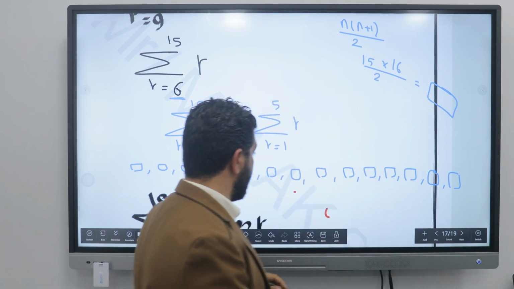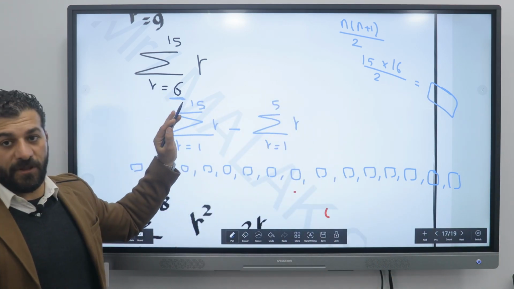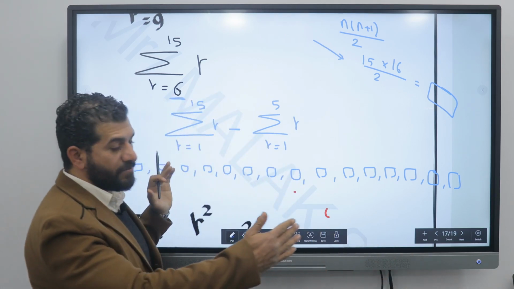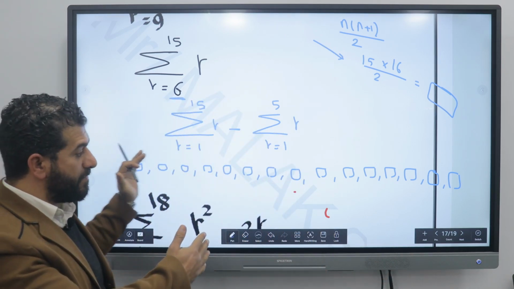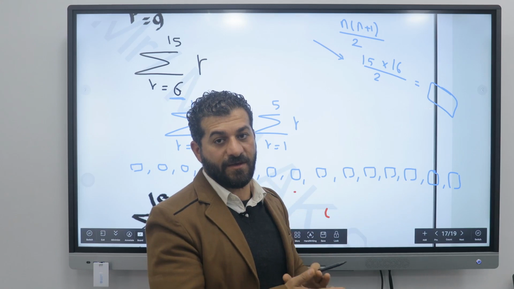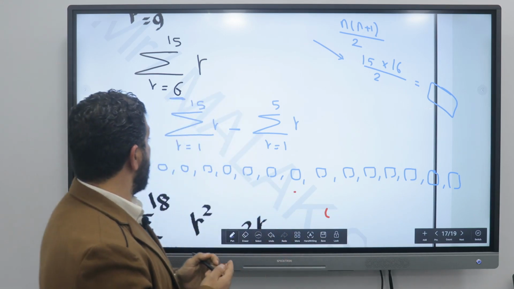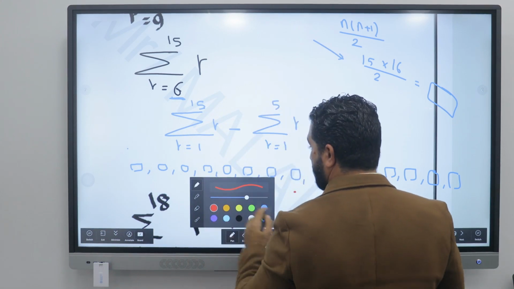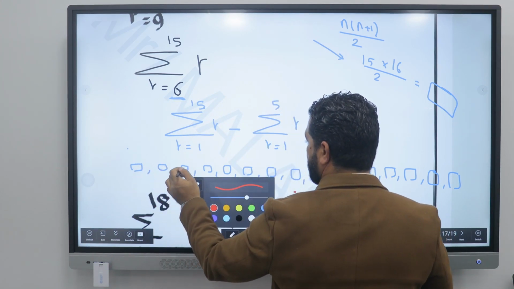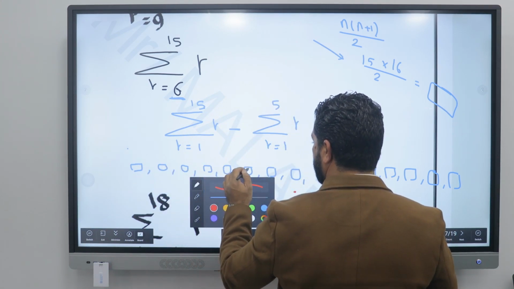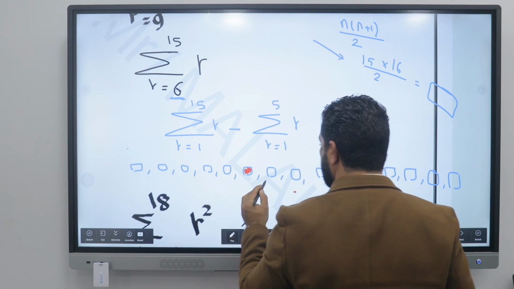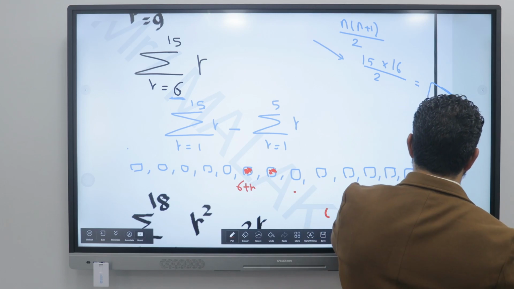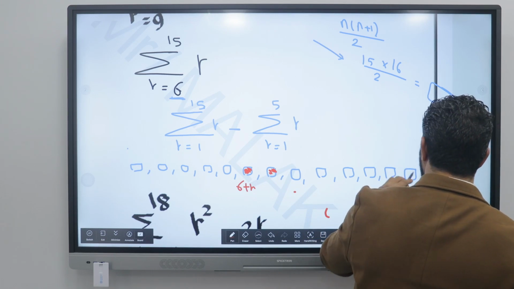Focus with me on this. If you applied this rule here, you will find the sum of all terms starting from the first term and ending in the 15th term. I don't want that. I want to find from the 6th term here. I want to find the sum from first, second, third, fourth, fifth, sixth here. So I want to find the sum starting from the 6th term, reaching the 15th term. All terms here.